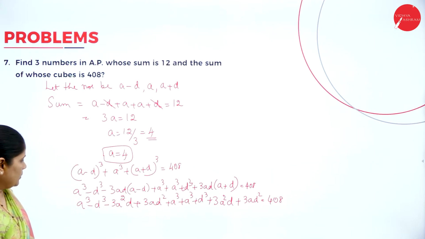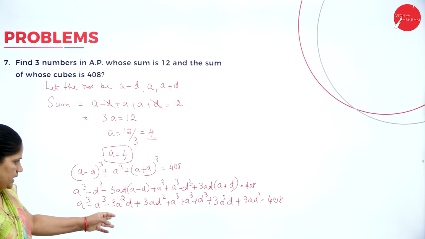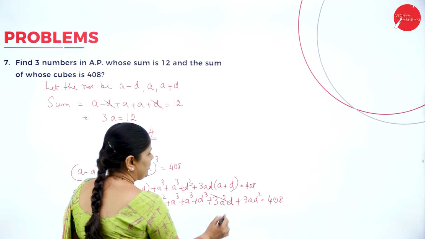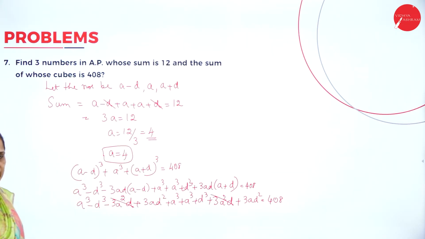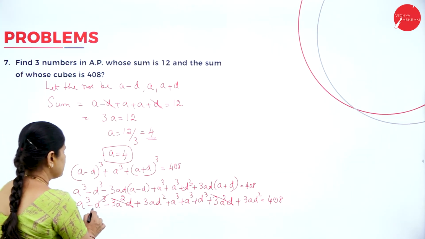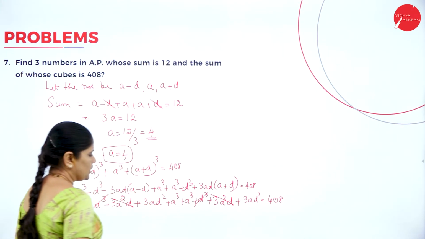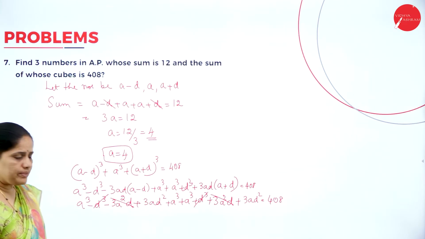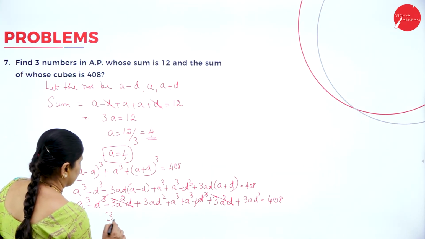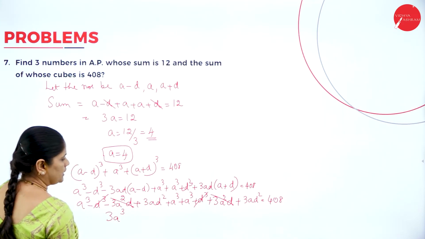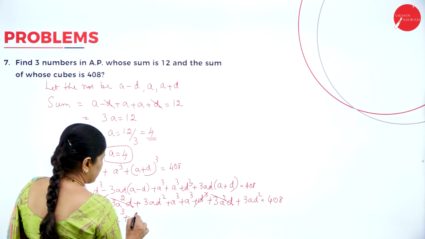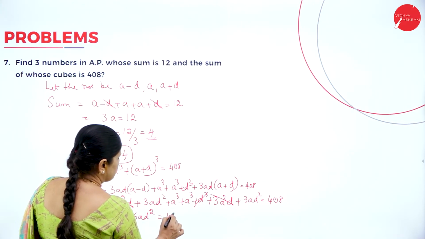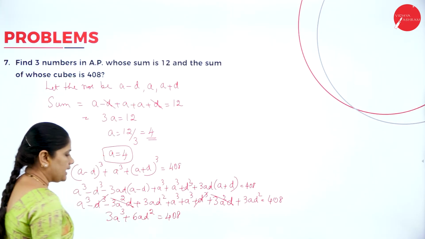Now, let us see if we can simplify. So, minus 3A square D plus 3A square D gets cancelled. Minus D cube plus D cube gets cancelled. So, A cube plus A cube plus A cube is 3A cube, plus 6AD square equals 408.